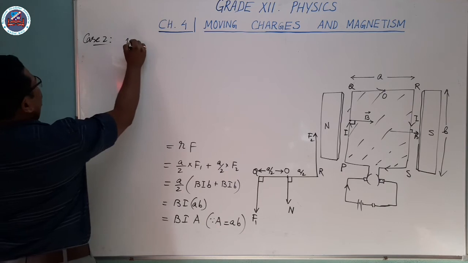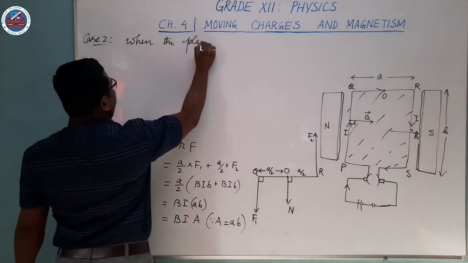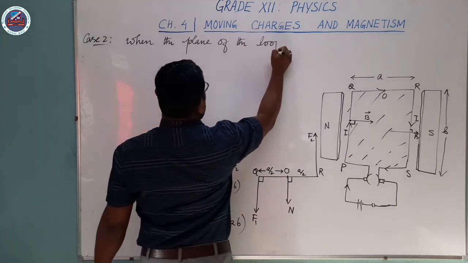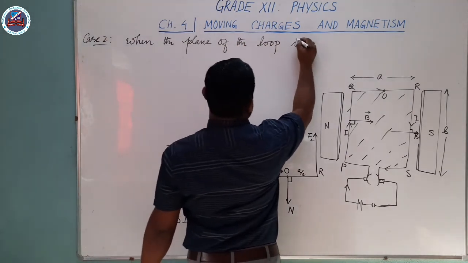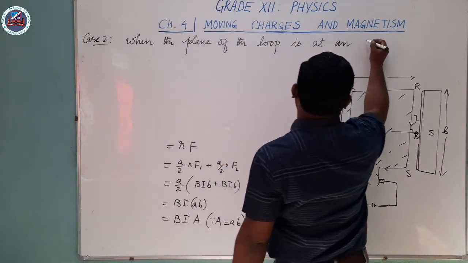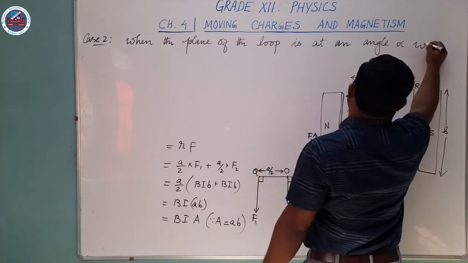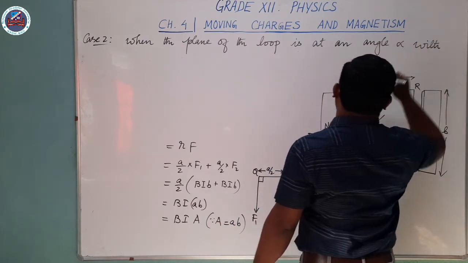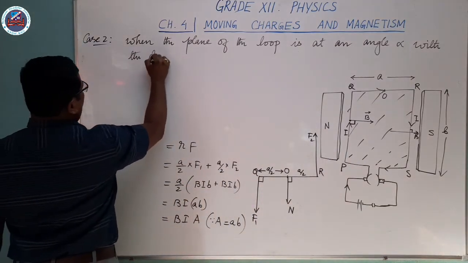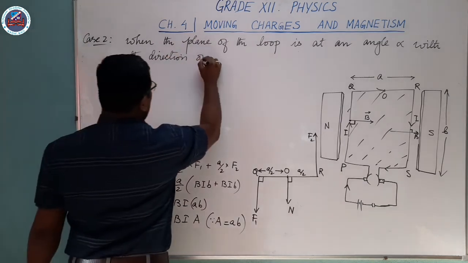When the plane of the loop is at an angle alpha with the direction of magnetic field.